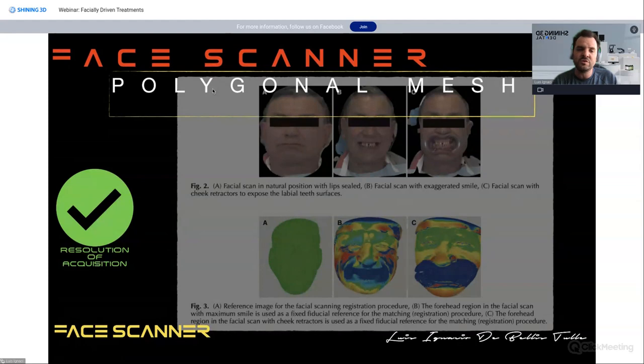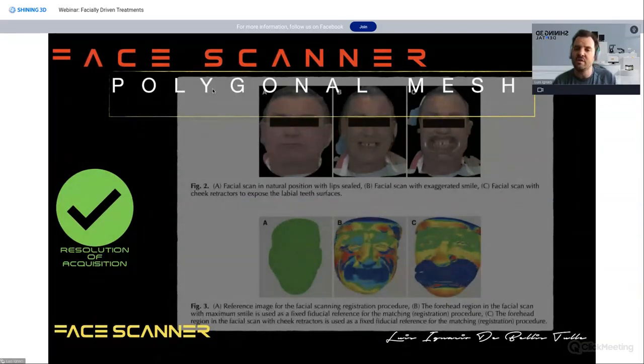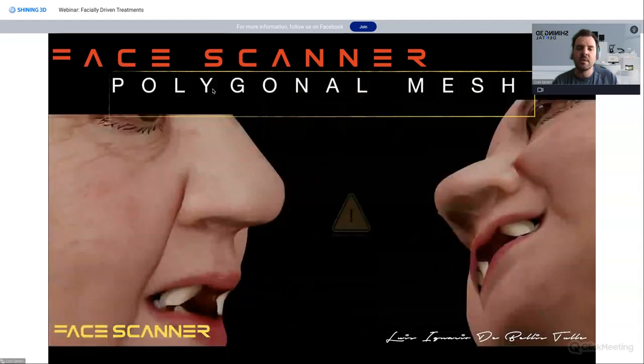And if we don't have an accurate scanner, the problem is that when we try to match all those meshes, there's not going to be congruency. For example, if I do this with my photogrammetry, I'm going to get a nice result, but when trying to match all those 3D files, I'm going to have some hard work to do.